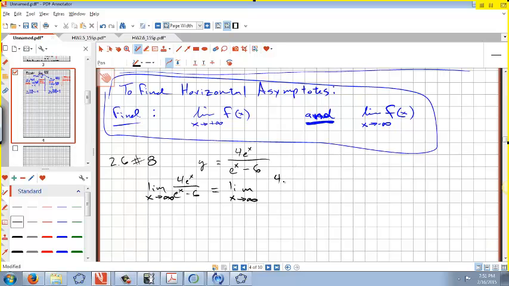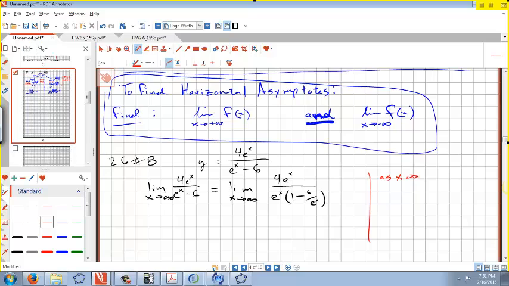The lead term's already factored on the top. Let's just do e to the x. And now notice what happens. You have a 1 minus 6 divided by e to the x.